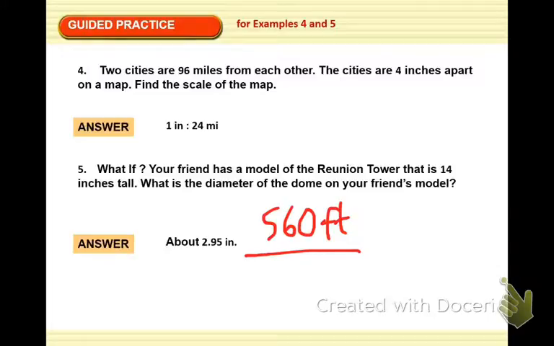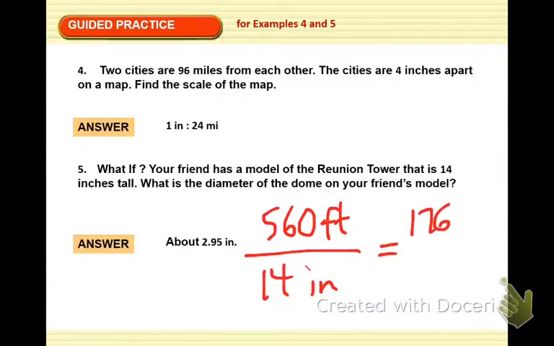And his model is 14 inches tall. And that is the same as, what was the actual diameter of the dome? We figured that out. What was it? 117 point something? 117.6 feet. And we have to figure out the diameter of the dome in my friend's model.